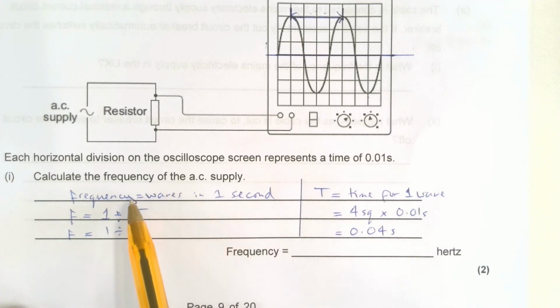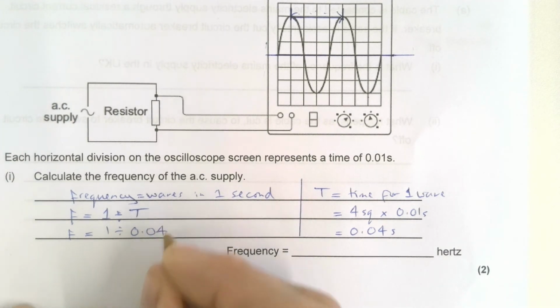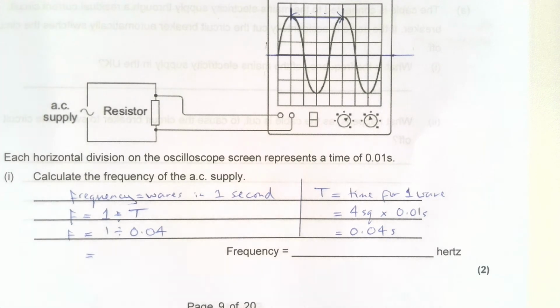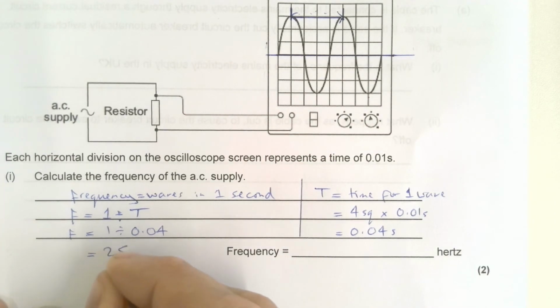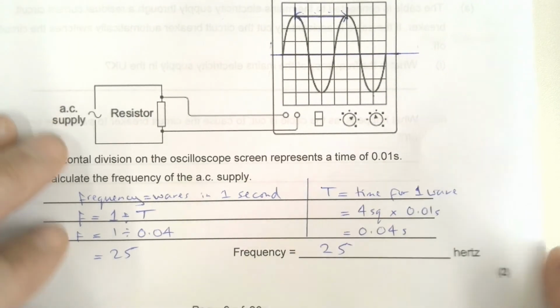I know that frequency is 1 divided by the time period. So the frequency is 1 divided by 0.04, which equals 25. So a frequency of 25 Hertz.